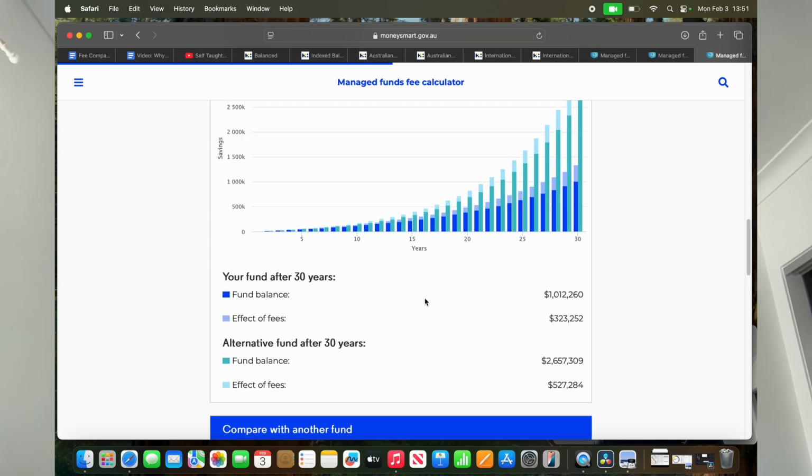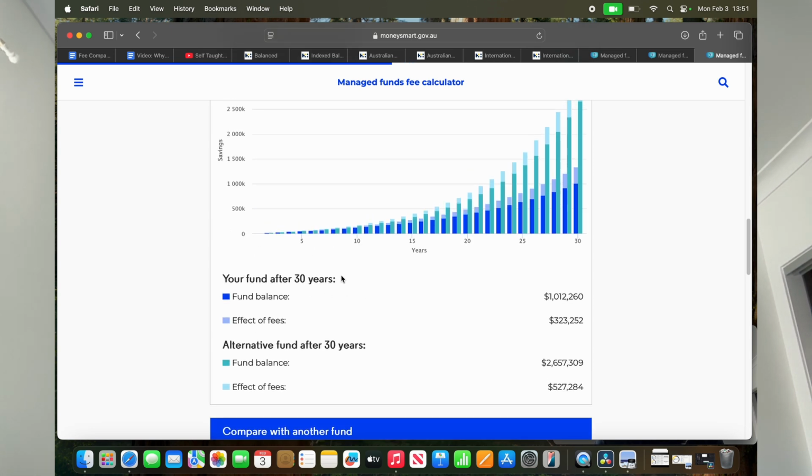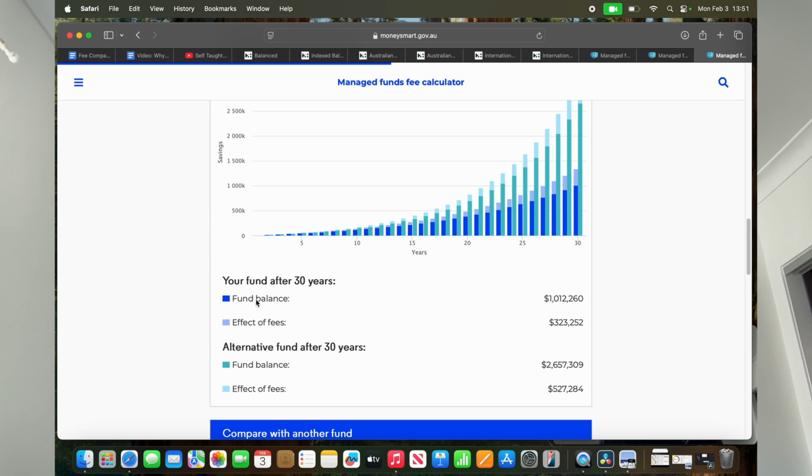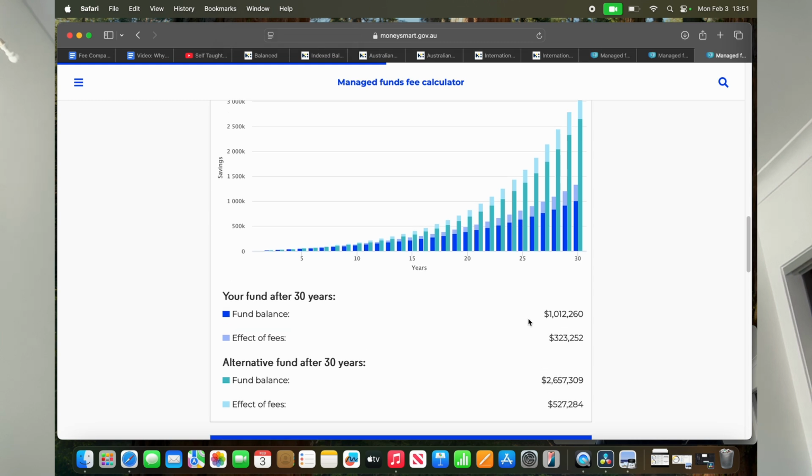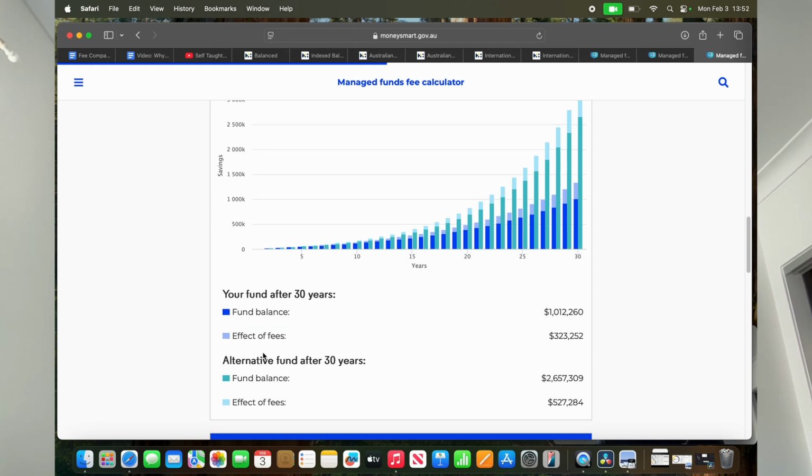So these are the results. You can see after 30 years, our actively managed option will give you an end balance of about 1,012,000. And then you're going to be paying about 323,000 in fees over that time horizon. And for our international indexed option, we're looking at 2,657,000.